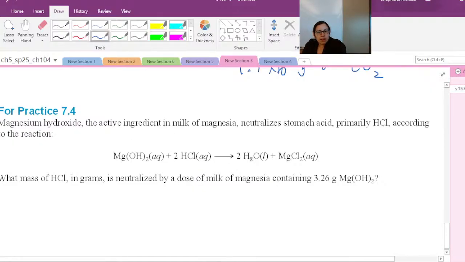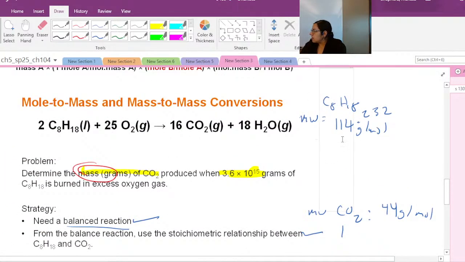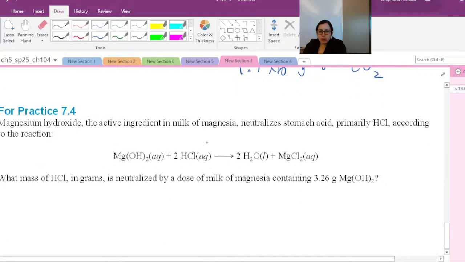So again, just check that you have a balanced equation. And then think about what else you have to calculate, just like we had to calculate our octane molecular weight and our CO2 molecular weight. You're going to notice that's a theme of these problems. So you might need the molecular weight of something. So I'll let you start that, and we'll go over that.